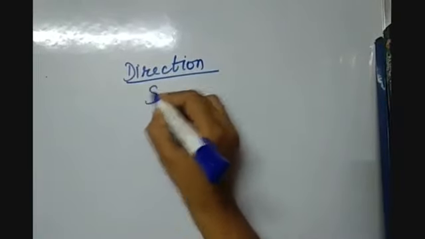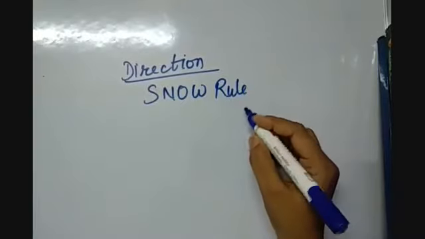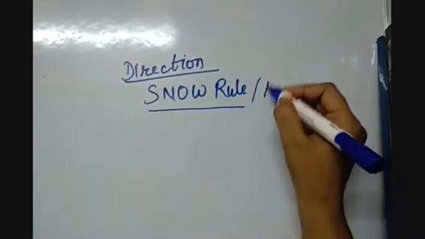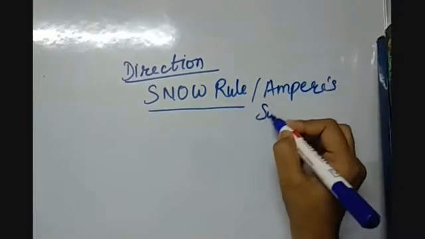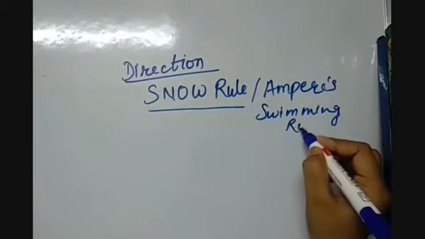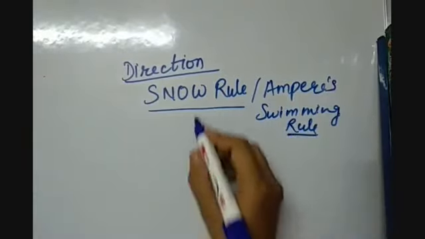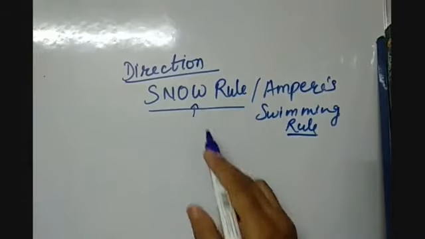It is given by Snow's rule, or you can also call it Ampere's swimming rule. Now let us see what Snow's rule means.